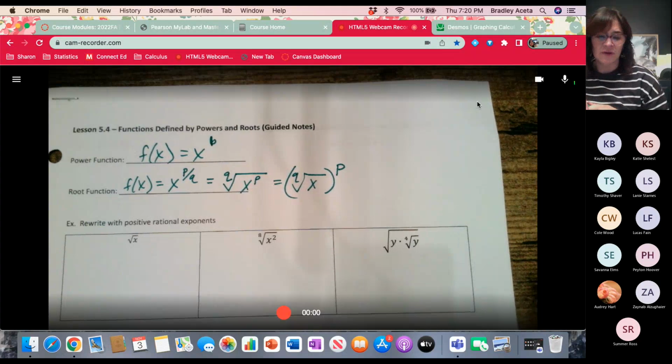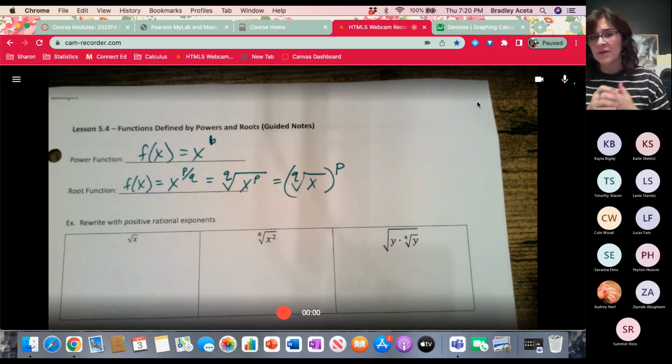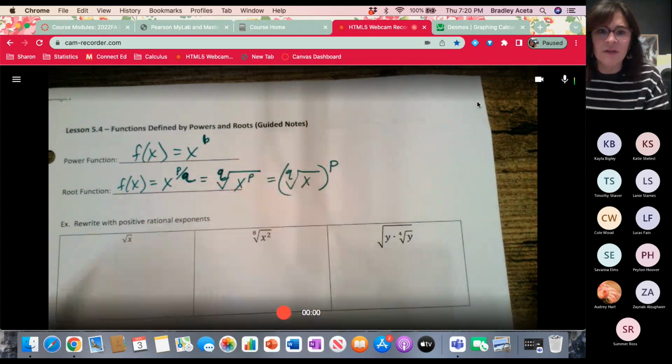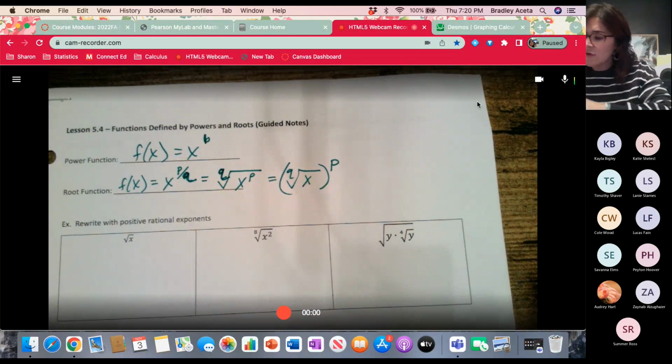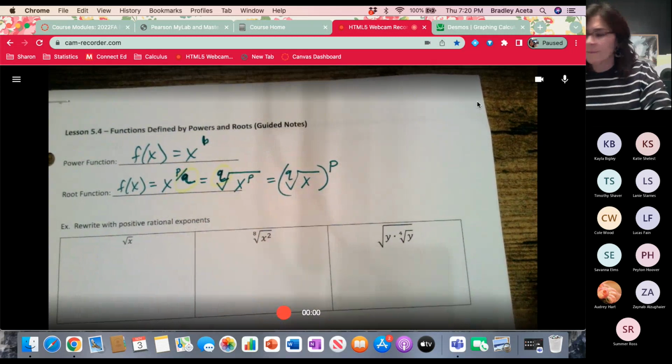This is a root function. So when you see fractions as exponents, what they mean is roots. They're either like a square root or a cube root or a fourth root or a fifth root. Your denominator is the index, that's called the index of the root. So whatever your denominator is, is the index of the root.